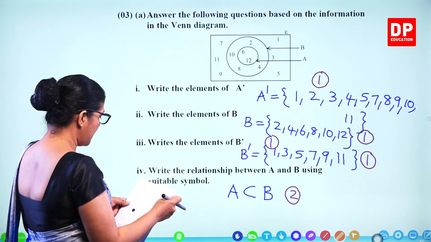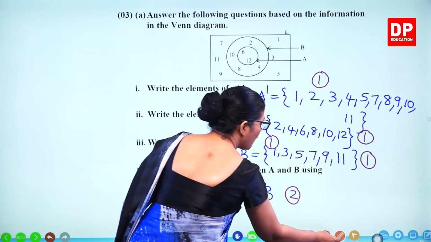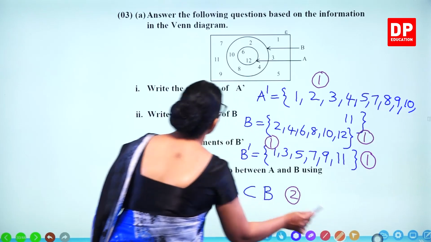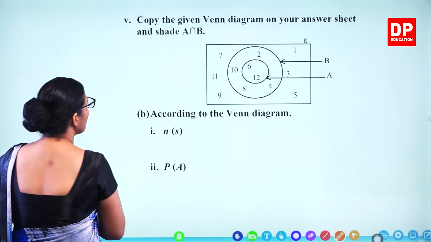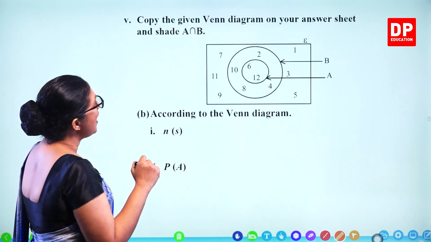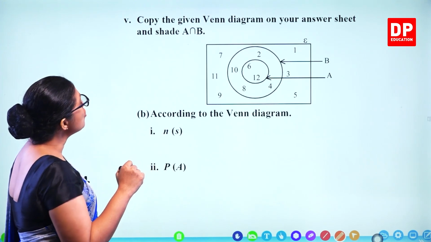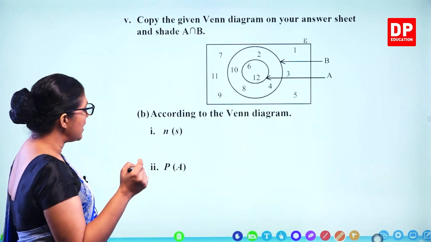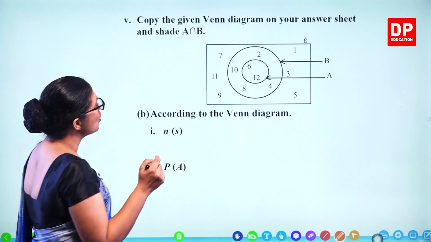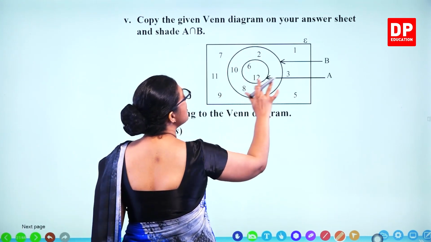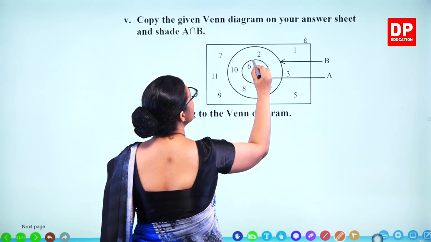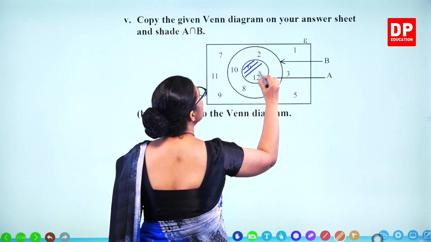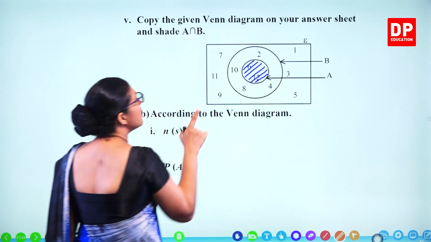And now we'll take the next one, part B. Copy the given Venn diagram on your answer sheet and shade A intersection B. So how do you shade A intersection B? The common part for B and A, that's A. So we can color this part, that's the A circle.